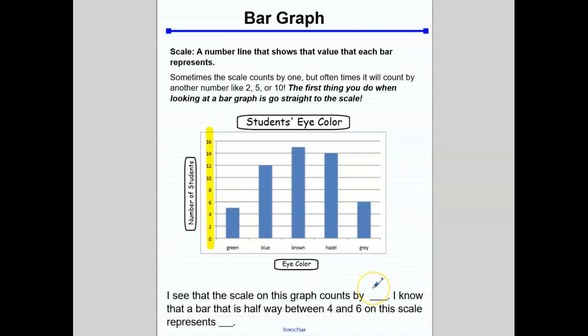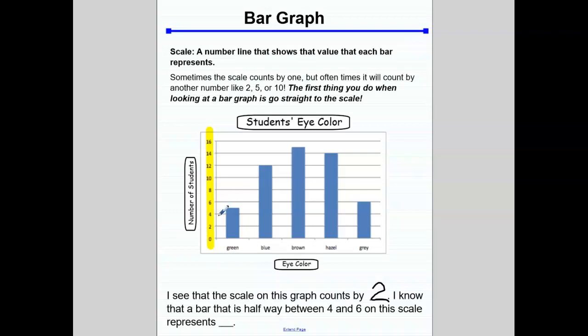So if my scale is increasing by 2, I need to recognize that even though my scale is increasing by 2, it doesn't mean that all of my data is in multiples of 2. So I know that the number of students who have green eyes is right in the middle between 4 and 6.